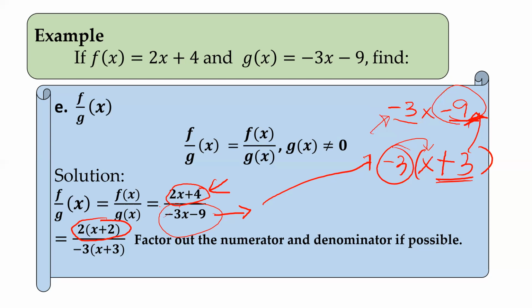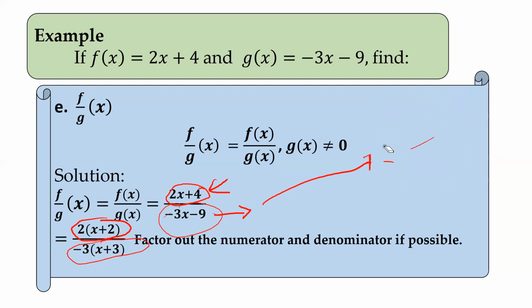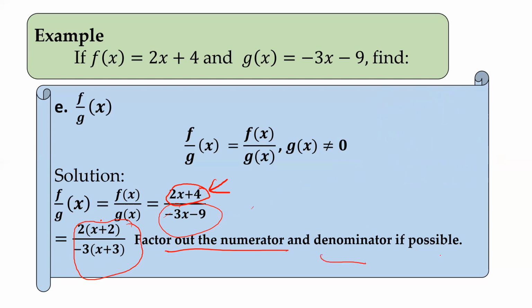Therefore, the final answer here below is negative 3 times x plus 3. Alright, I hope nakuha ninyo. Kapag hindi naman masyadong naintindihan, you can rewatch the video if you want. So the final answer is this. Okay, 2 times x plus 2 over negative 3 times x plus 3. You factored out the numerator and denominator if possible. Always remember, if possible, kung pwede pa siyang i-factored out.